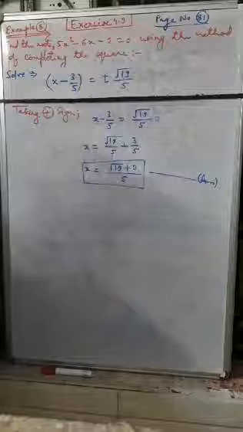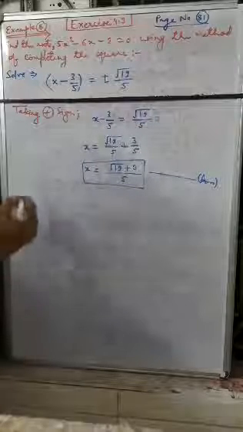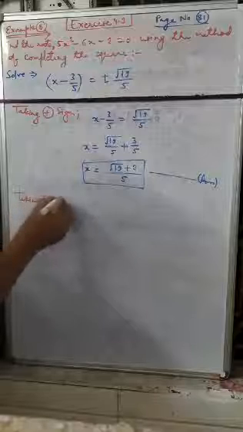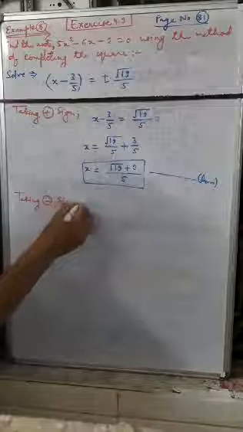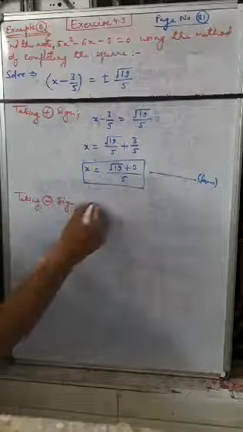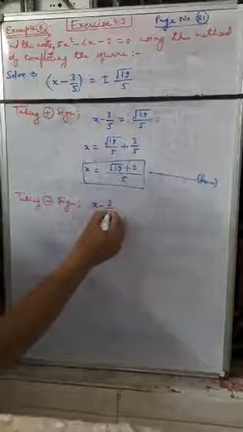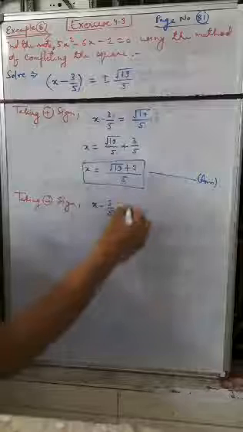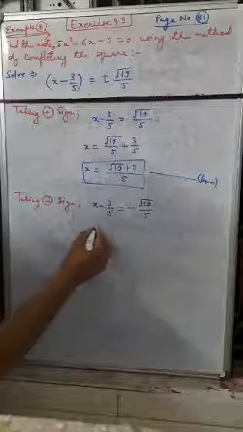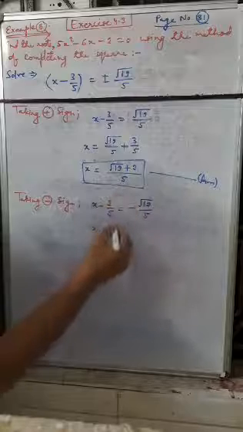Now taking minus sign, in next step we will take minus sign here. So x minus 3 by 5 is equal to minus under root 19 by 5. Again we will transfer minus 3 by 5 at right hand side.